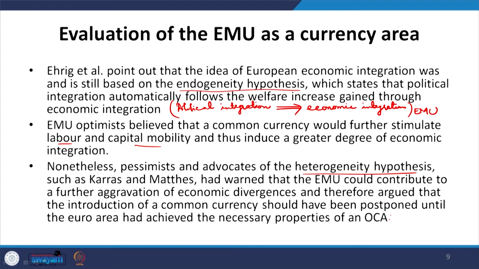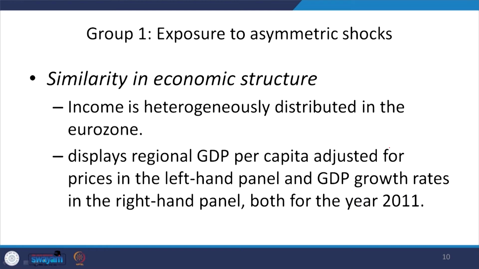So, what is important in the pessimist view is that the EMU could aggravate the economic divergence. This is called the pessimist view and this is called the optimist view. All right. So, through the heterogeneity approach, once all the properties are fulfilled, then the euro area could actually serve the purpose of the optimum currency area.